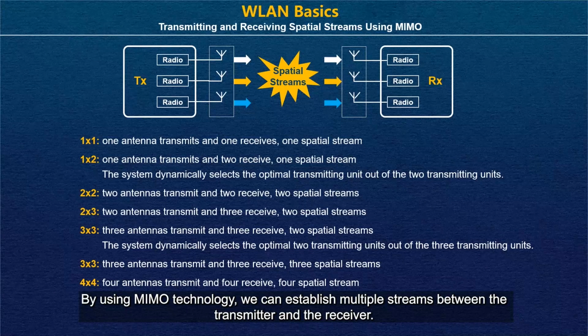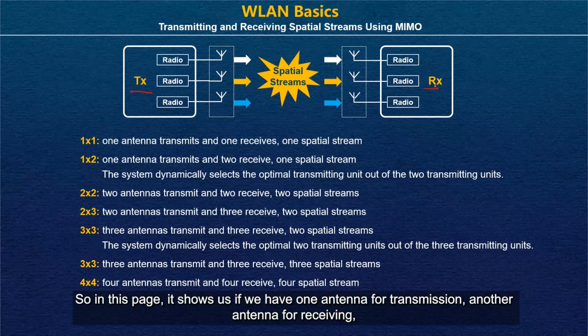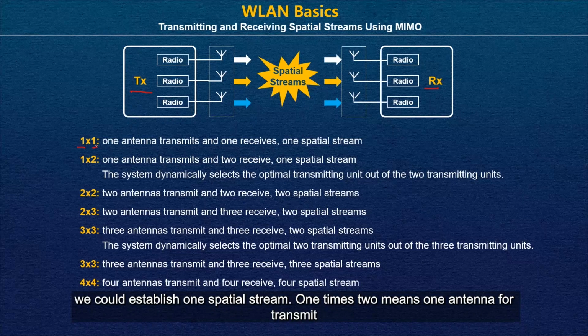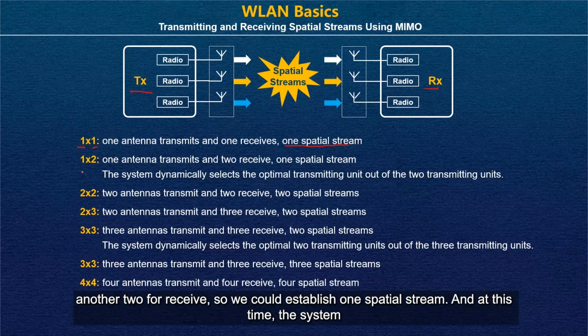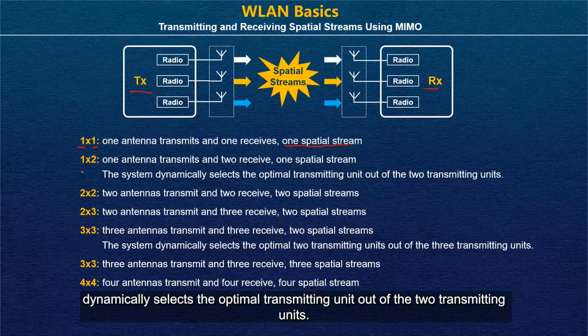By using MIMO technology, we can establish multiple streams between the transmitter and the receiver. So this page shows us that if we have one antenna for transmission and another one for receiving, we could establish one spatial stream. While 1 times 2 means one antenna for transmit and 2 for receive, so we could establish one spatial stream, and at this time the system dynamically selects the optimal transmission unit out of the 2 transmission units.